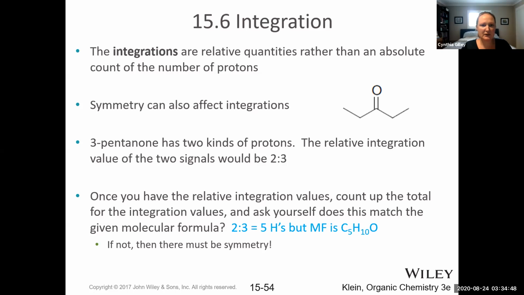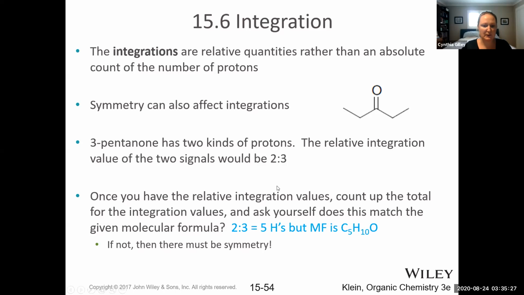Just remember that integration values are relative quantities rather than an absolute count of the number of protons. Sometimes the lowest common number, where everything is a whole number, might not be the actual number of hydrogens, because symmetry can affect integrations. For 3-pentanone, we would get 2 signals, one for the 2 methylenes and one for the 2 methyls. The lowest whole number ratio is 2 to 3, but those actually represent 4 to 6.